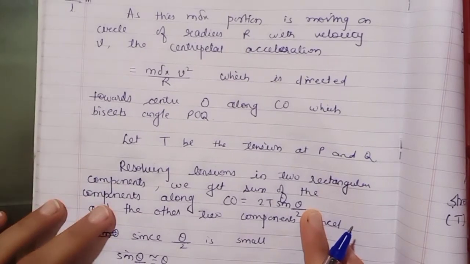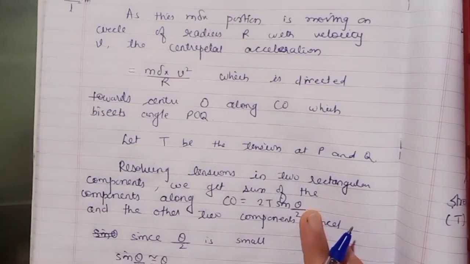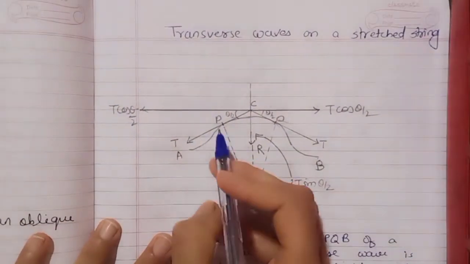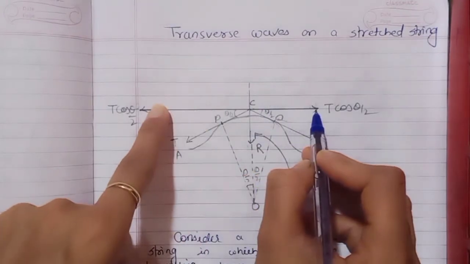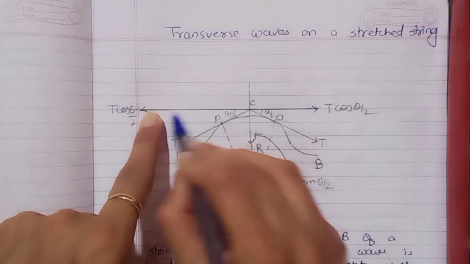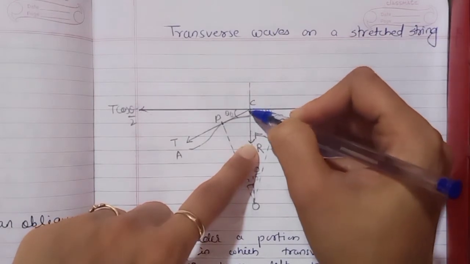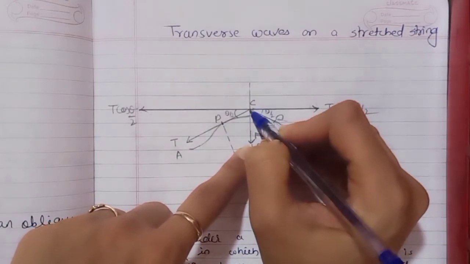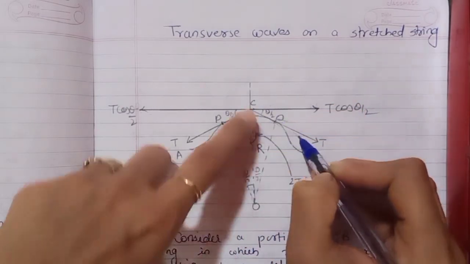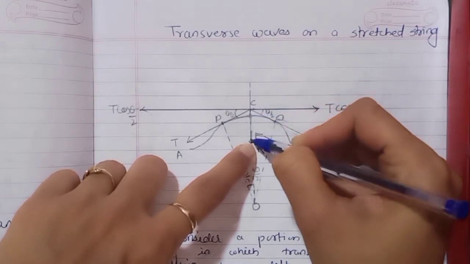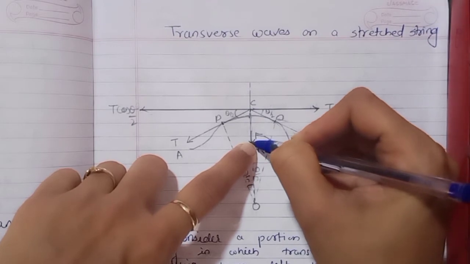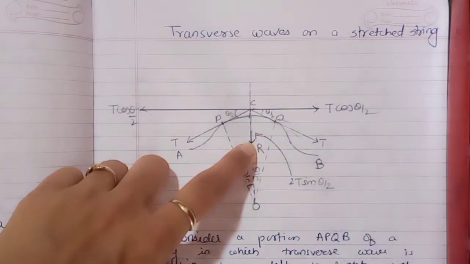The horizontal components are T cos theta by 2 each, acting in opposite directions and equal in magnitude, so they cancel each other. We get the sum of components along CO as 2T sine theta by 2, directed downward, and this component is balanced by the centripetal force, which is given by mv square upon r.